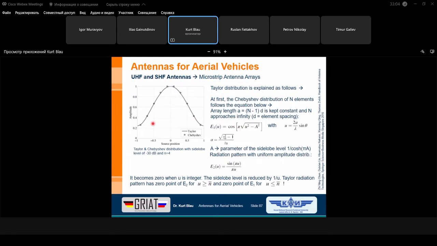Okay, we can reduce the side lobe levels, for instance here, down to minus 30 dB, but we have to pay for this with a larger half power beamwidth.